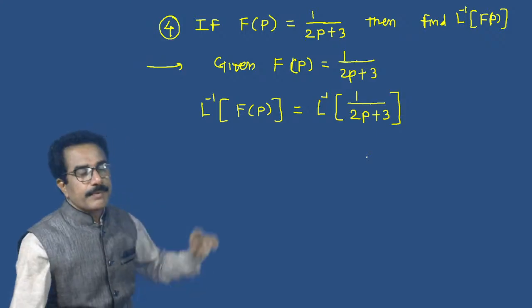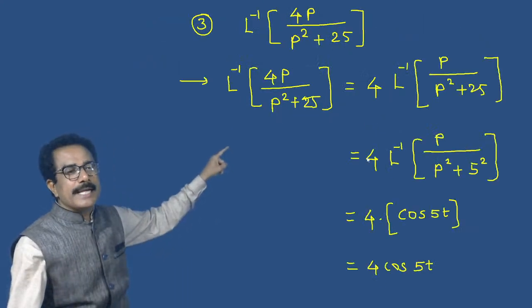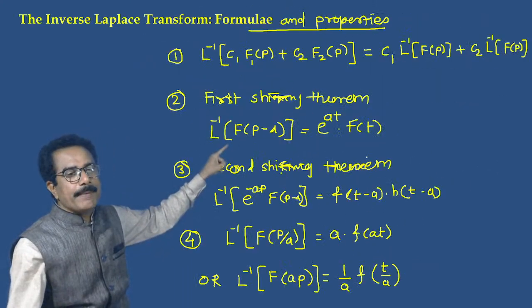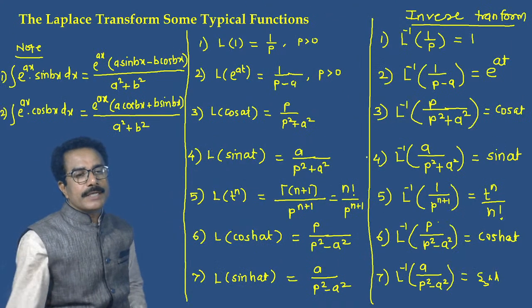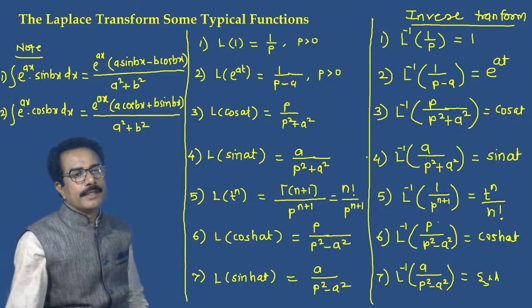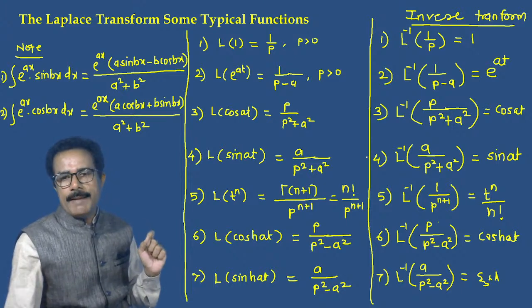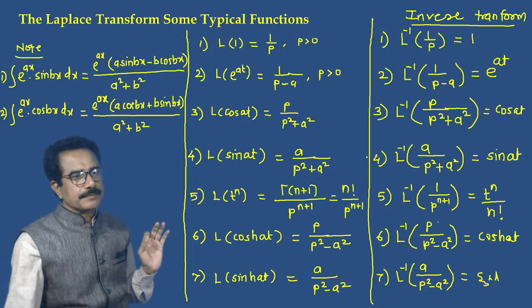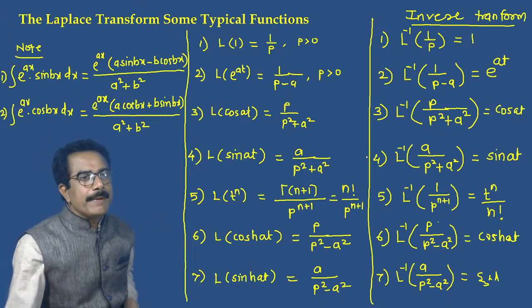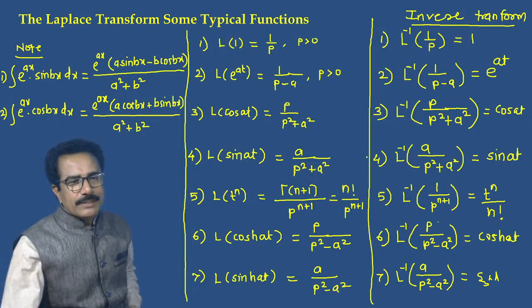Now see this, we have to use the standard form of inverse Laplace transform. That means 1 upon 2p plus 3 means 1 upon p plus a. How can we convert this?